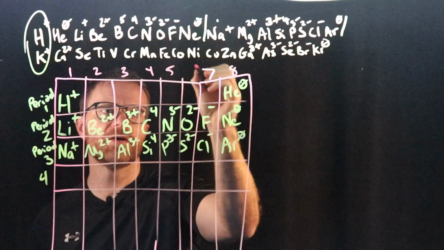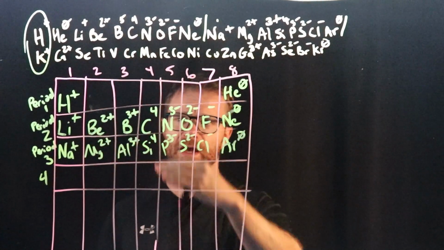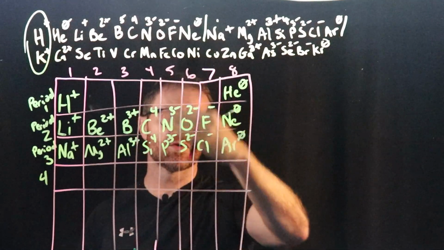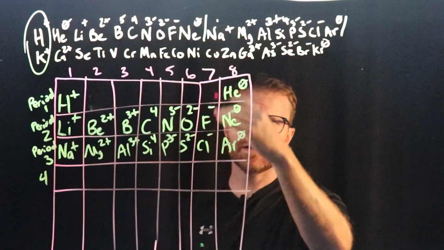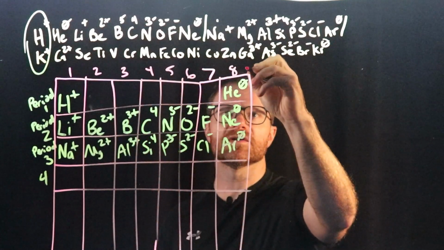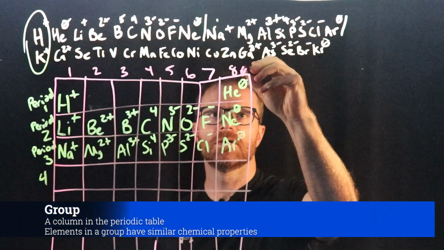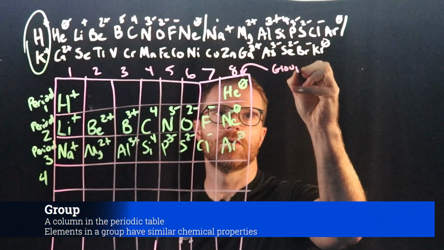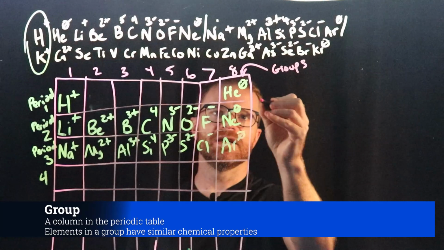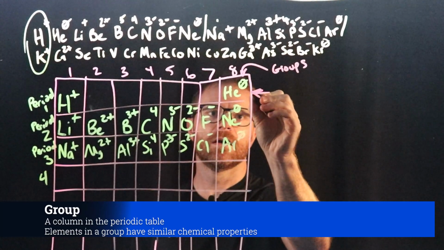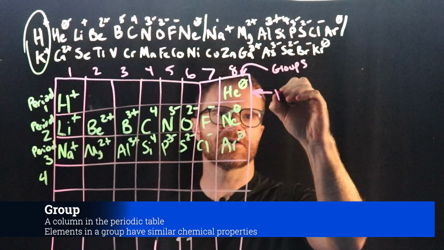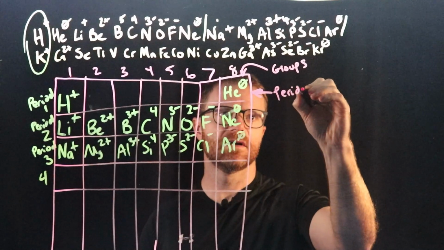Now, he noticed that all of these columns have similar chemical properties, so he decided not to call these columns anymore, he calls them groups. Whereas the rows, as we discussed earlier, are called periods.